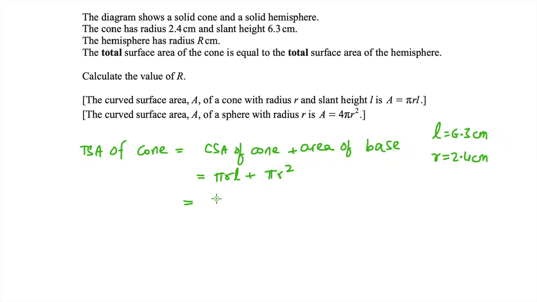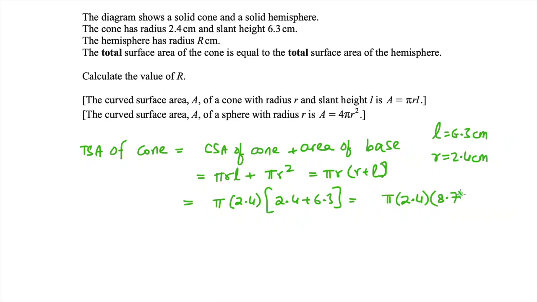So this is equal to pi into 2.4. This is common, so this is pi r into (r plus L), which is pi into 2.4 into (2.4 plus 6.3), equal to pi into 2.4 into 8.7 centimeter square.